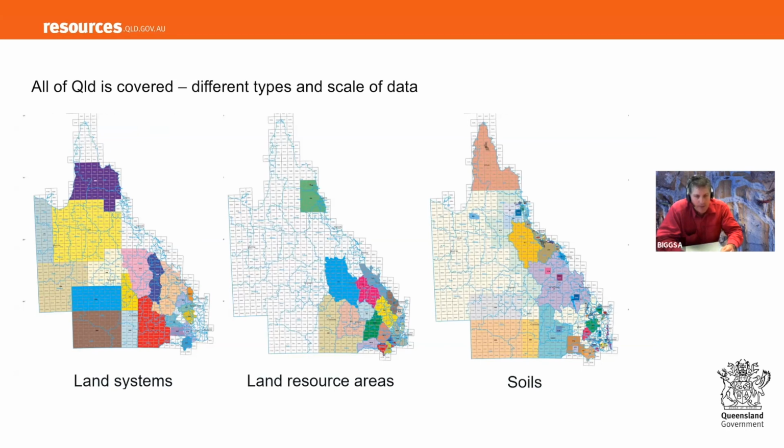The map units are an amalgam of soil and landscape features, but they're a very specific extension product that was produced from the 1980s into the 1990s. It's targeted very much at landholders, advisors, agronomists, and so forth. It's the plain English, if you like, version of the techo info.